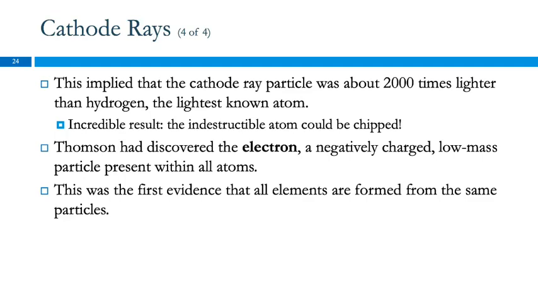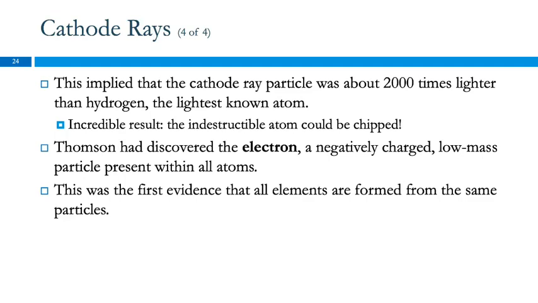So he's messing around with some particles that are smaller than atoms. And the atom was supposed to be the smallest building block of matter. So this was mind-boggling, right? The indestructible atom could be chipped. So in this experiment, he's basically chipping off pieces of atoms and shooting them through space. Very, very crazy. What he had discovered were electrons.